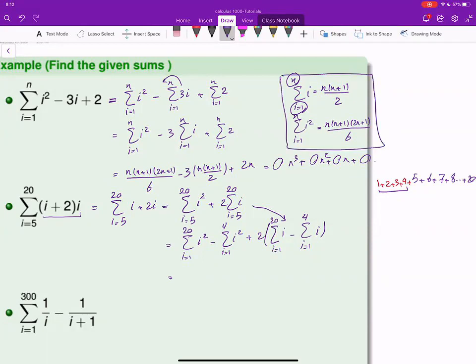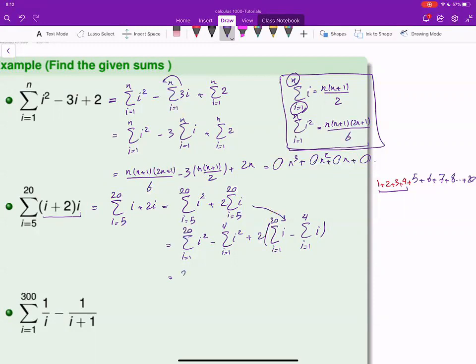So the sum of i squared from 1 to 20: look at this formula, instead of n, I have 20. The formula is for general n, so now I can plug 20 into n.